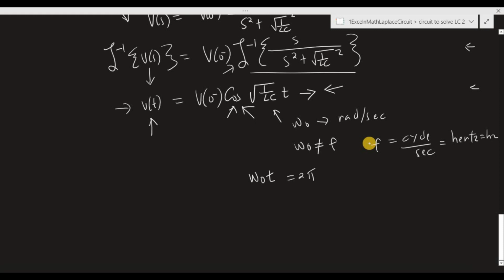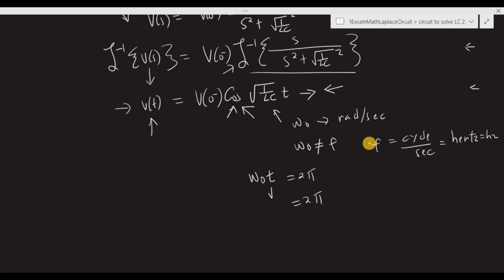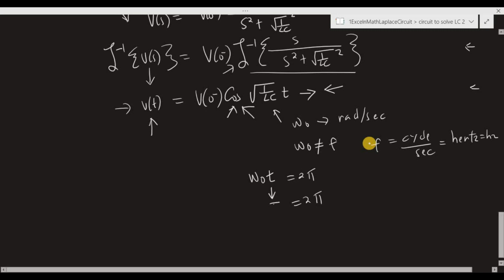Now, since 2 pi is the angular displacement for a single period, we can replace this small t with capital T to represent the period, and then multiply it by omega naught.